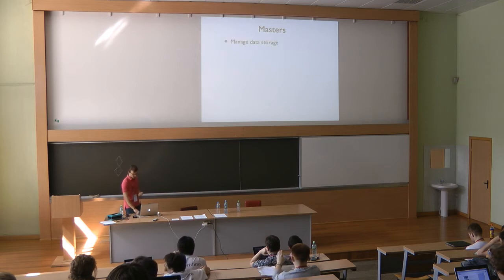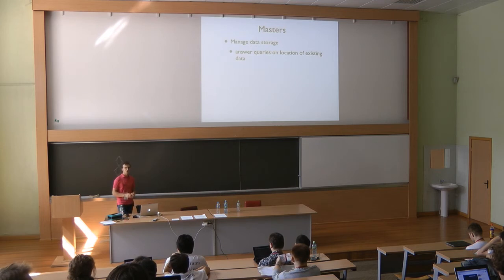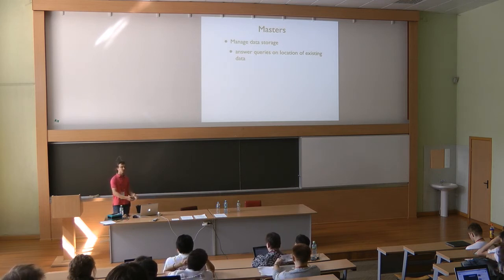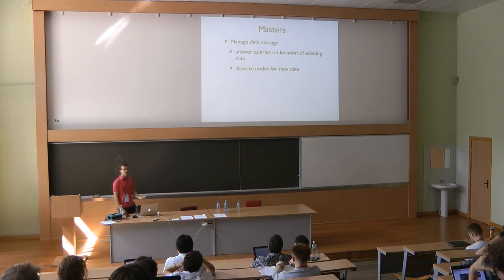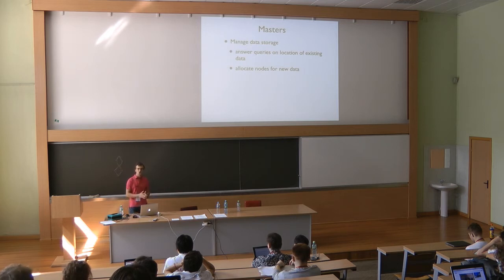So this is a responsibility of the master, to answer queries on the physical location of the data. When you ask the master where you can get this particular chunk of data or this particular table, it answers you with the address of the node. It also helps you to decide on which node you should upload your data when you're about to write something. And during this process, the master also ensures that the data load across the nodes is more or less uniformly distributed.